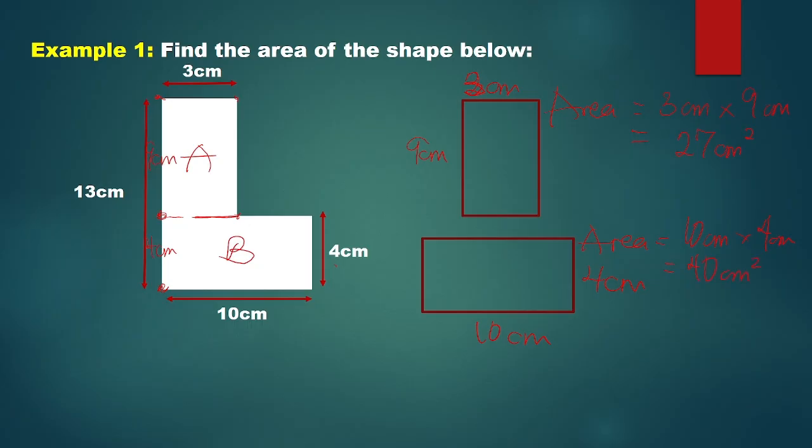So the area of the whole shape will be the total of the first and the second, which is 27 centimeter squared plus 40 centimeter squared. This gives us 67 centimeter squared. So this is my answer to the question.